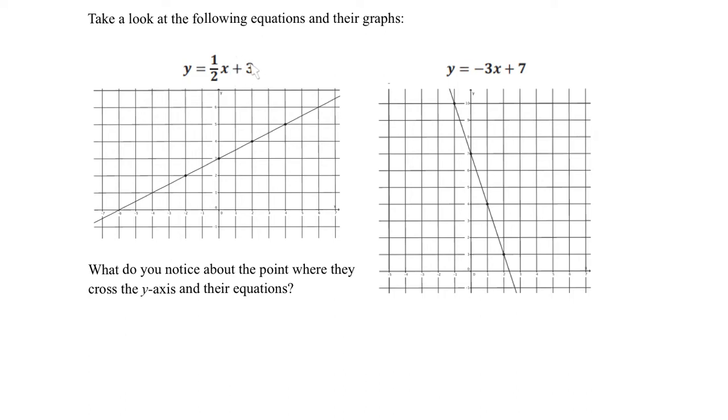This is 3, and on the graph it appears right there, where the graph crosses the y-axis. Same thing over here: the plus b is 7, so b is 7, and it crosses the y-axis at 7. That's exactly what happens.